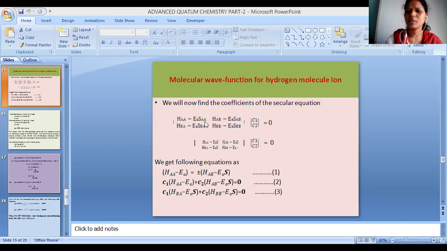In this determinant we will get 2 rows and 3 columns, so we will get three equations. Equation 1 is HAA minus EA is equal to plus or minus HAB minus EA into S. Another equation is C1 into HAA minus EA plus C2 into HAB minus EA into S is equal to 0, and similarly equation 3.